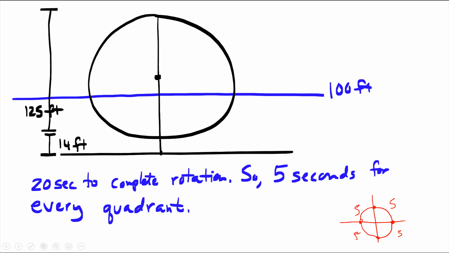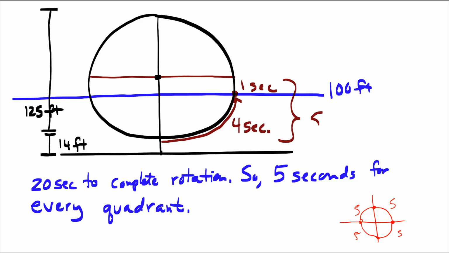So what did we get as far as our answer goes? In order to get to 100 feet, we had to travel for 4 seconds. So that means there's one little second missing to get to the middle, to get to the 5 seconds. There's your complete 5 seconds for the 1 quadrant rotation.